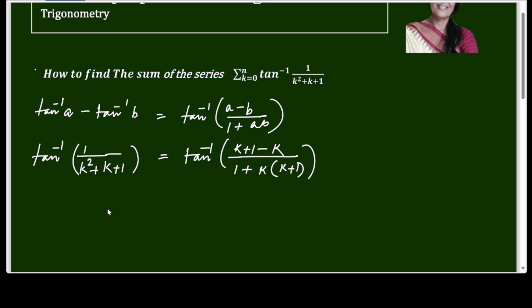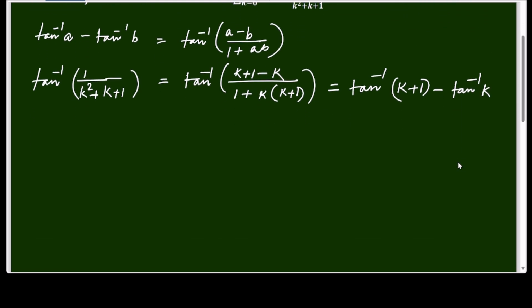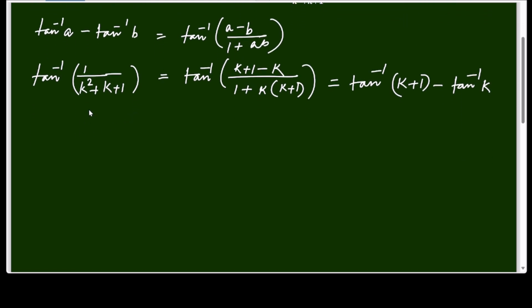So we can write this as tan inverse (k plus 1) minus tan inverse k. So tan inverse 1 over k squared plus k plus 1 can be written as tan inverse (k plus 1) minus tan inverse k.